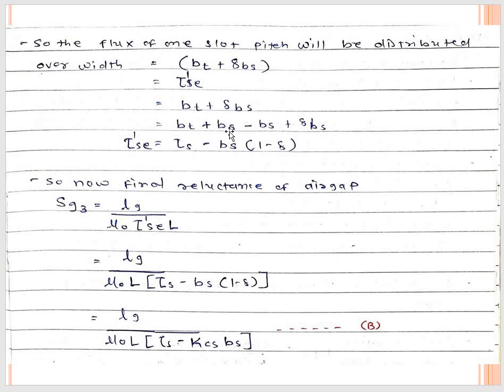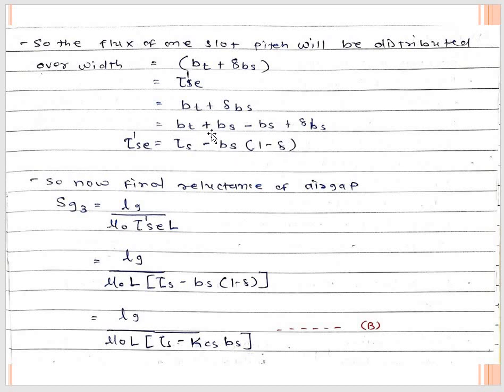Now, bt plus bs minus bs plus delta bs: we have simply put plus bs minus bs in this upper term. So we will take minus bs common from this equation, and in the bracket, 1 minus delta will remain.